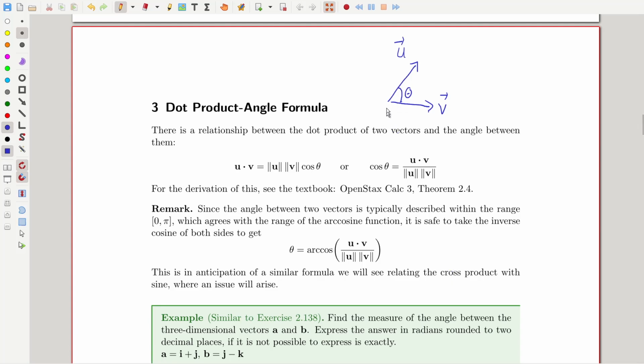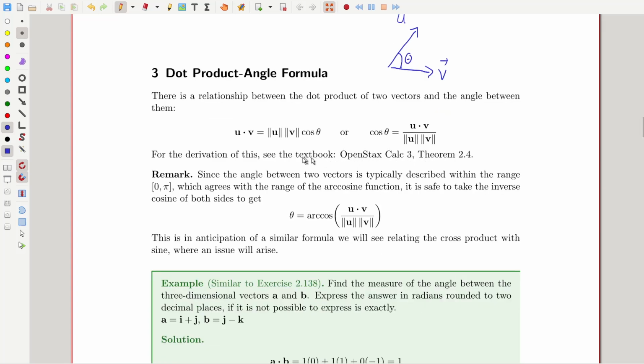So we line up the vectors tail to tail, and we can see that there's an angle between these two. Well, it turns out that we can express this relationship. The dot product of the two vectors is equal to the magnitude of u times the magnitude of v times the cosine of the angle. Or if you rearrange by dividing the magnitudes over, cosine of theta is equal to u dot v over magnitude u, magnitude v.